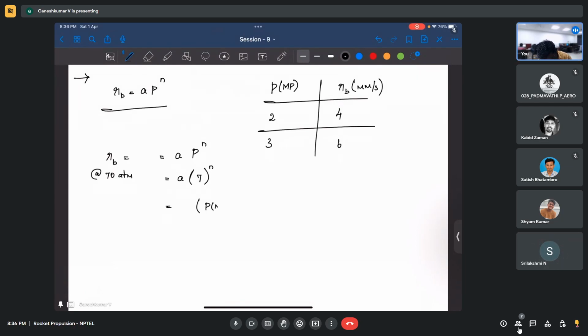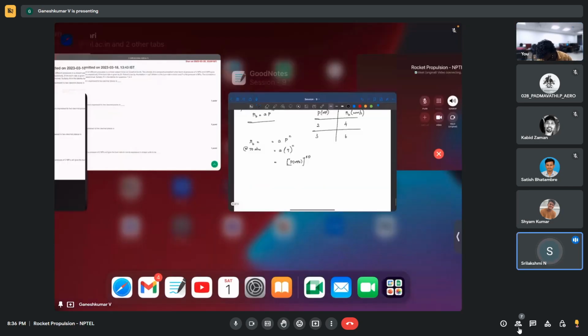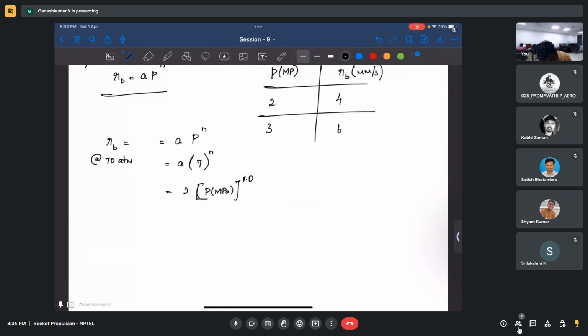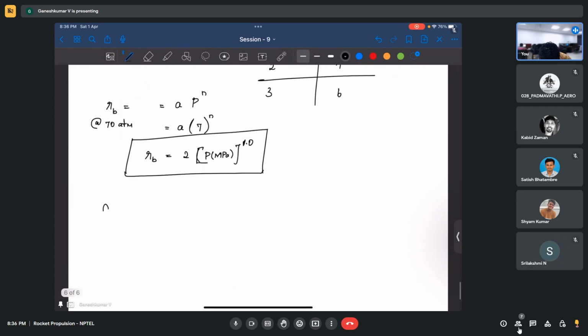This is P at megapascal, this is 1. And what is A? Did you find A also? It was found to be 2. Yeah, 2. Okay, all right. So this is your RB relation. This is fine, right? Correct. Now you were asked to find A70. And what is A70?